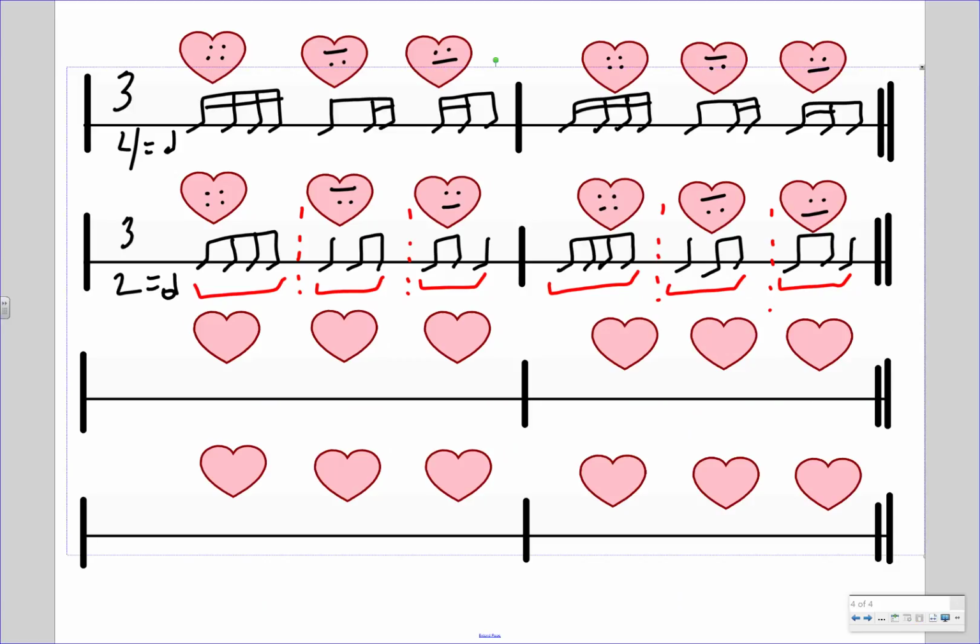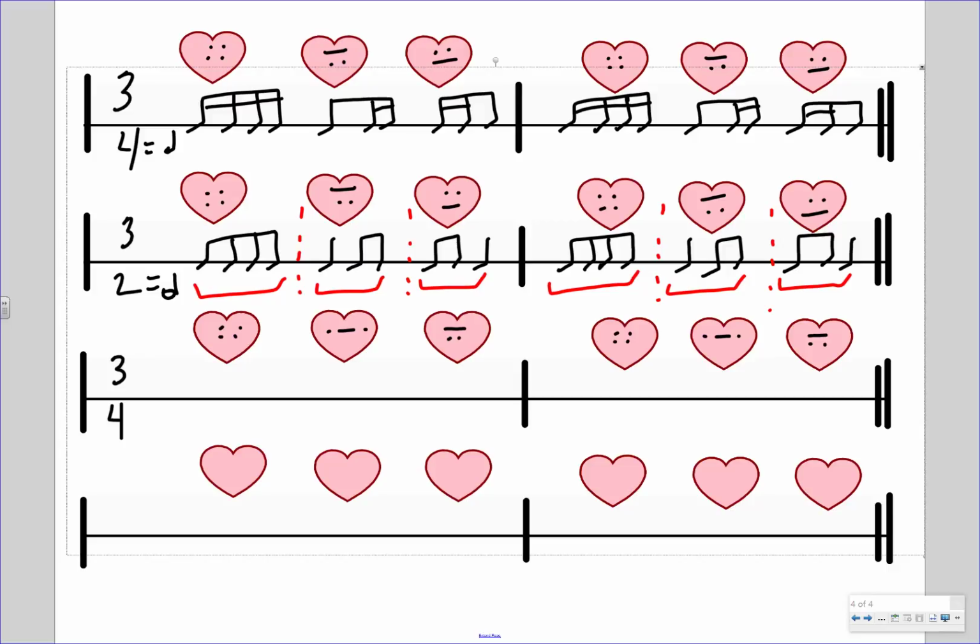Let's try another example. This is 3/4. And here we go. Ready, set, go. Let's listen to that again.